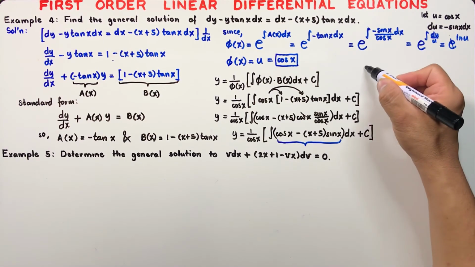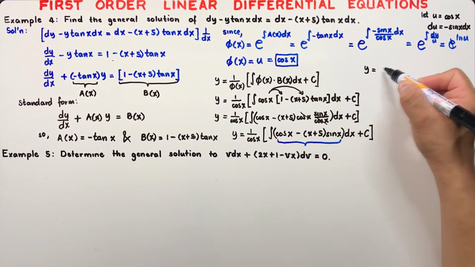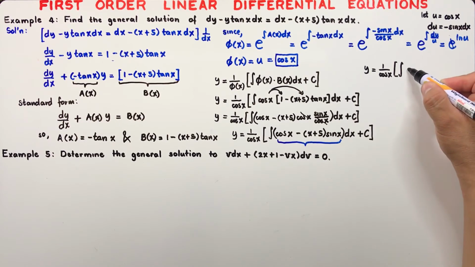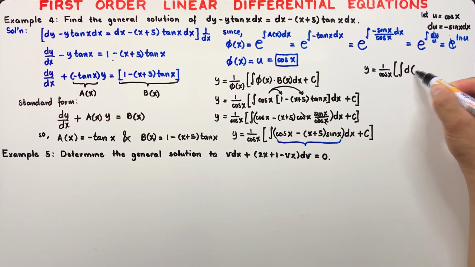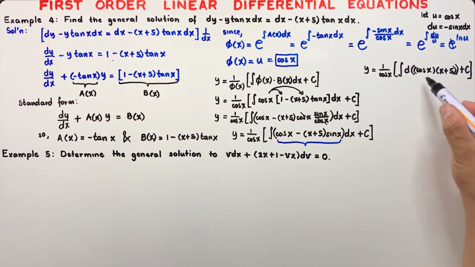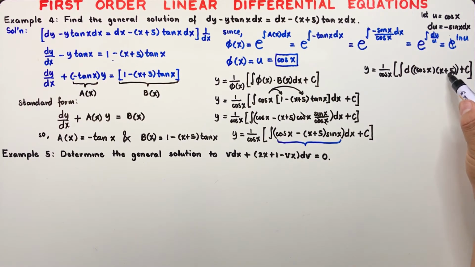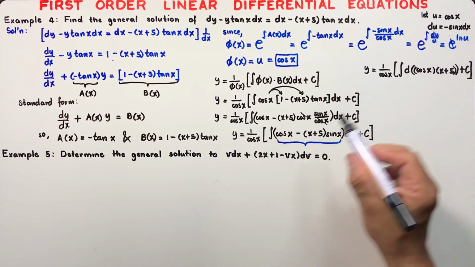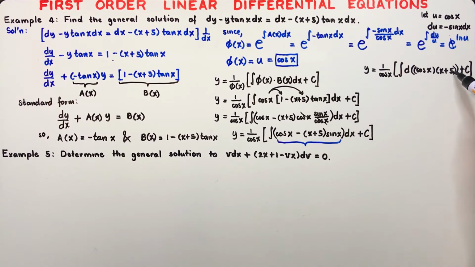So rewriting our solution function y, which is 1 over cosine x times the integral of the differential of cosine x times x plus 5, because we realize that if we get the derivative of this product, we have cosine x, which is this one, times the derivative of x plus 5, which is 1.